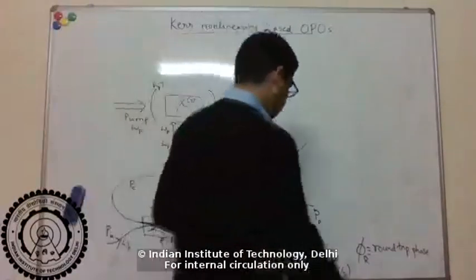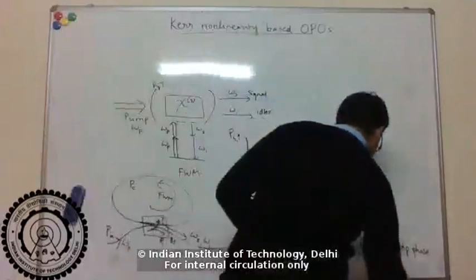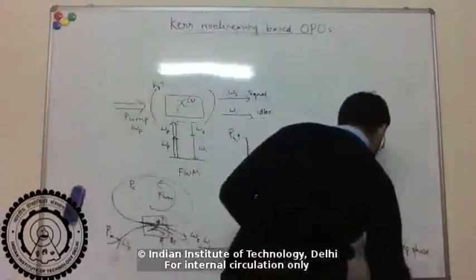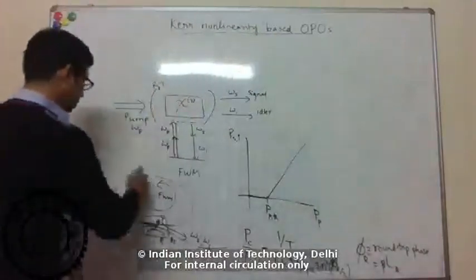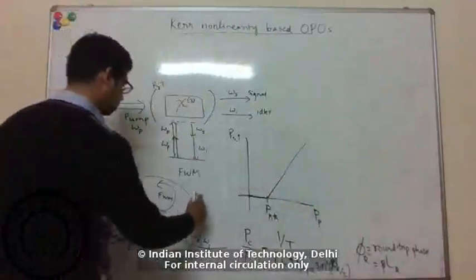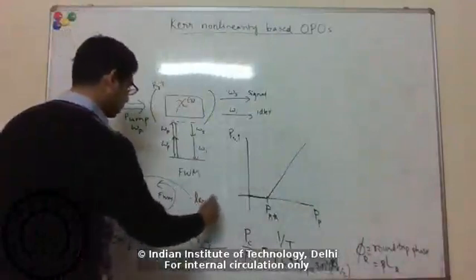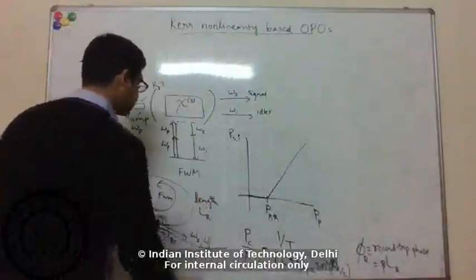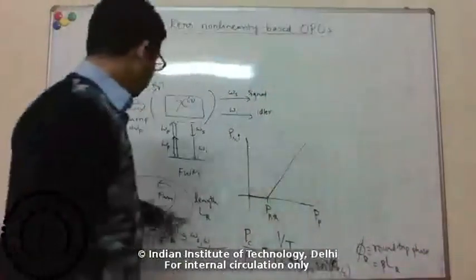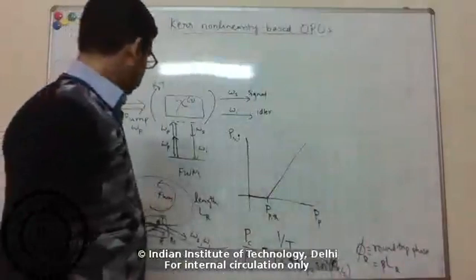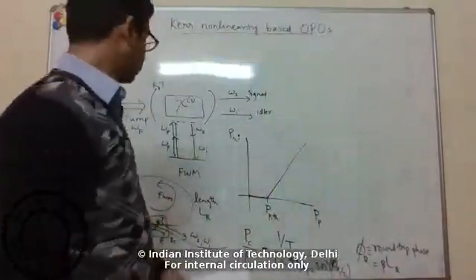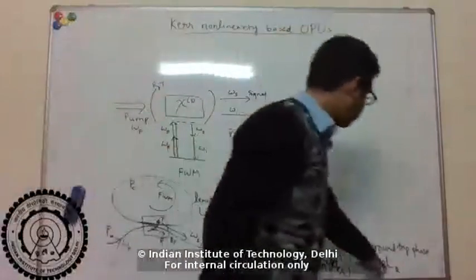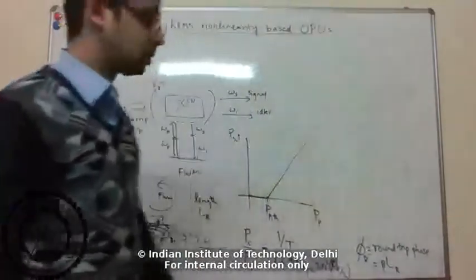And so we can write this as beta times L_R. If the length of this ring cavity is L_R, and there is some propagation constant beta, we know that the phase goes as e to the i beta z. So in one round trip, the phase acquired is beta times L_R.